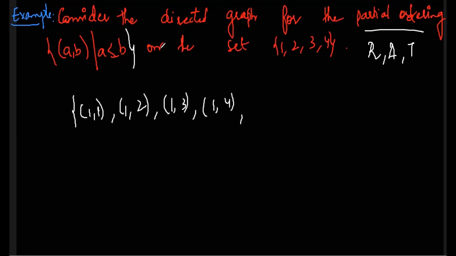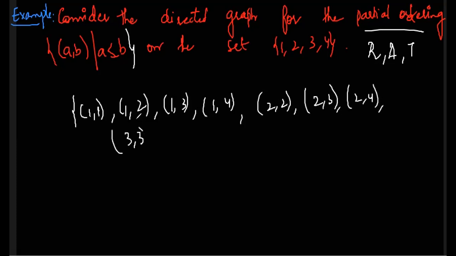We can't have (2,1) because 2 is not less than or equal to 1. So skip (2,1); we have (2,2), (2,3), (2,4). Then lastly we have (3,3), (3,4) and then (4,4). Okay, so this is your partial ordering and it will satisfy these three conditions.